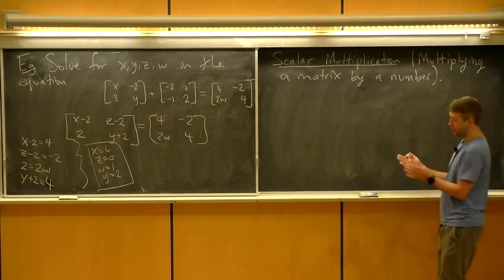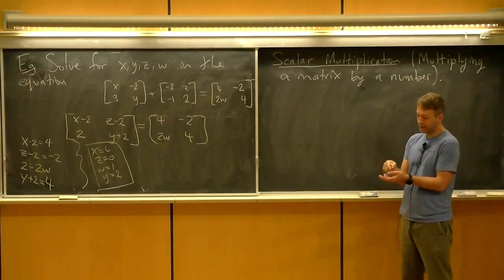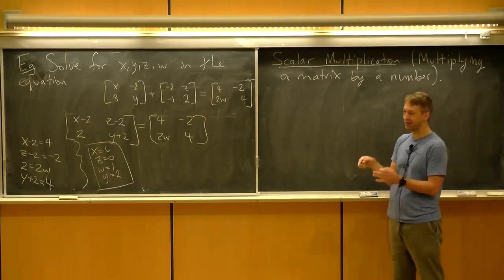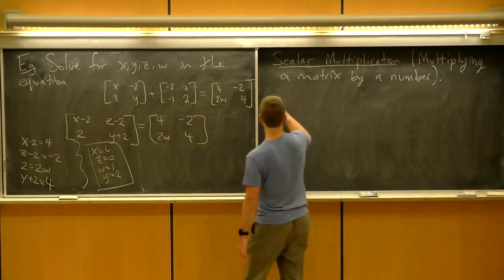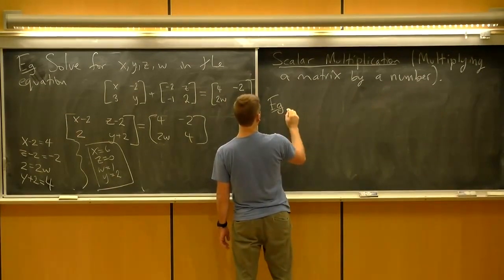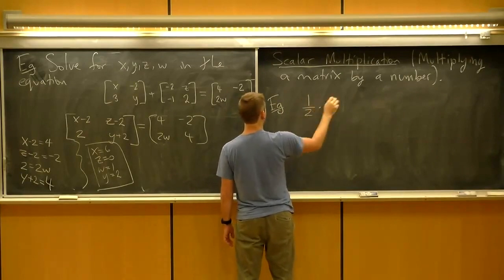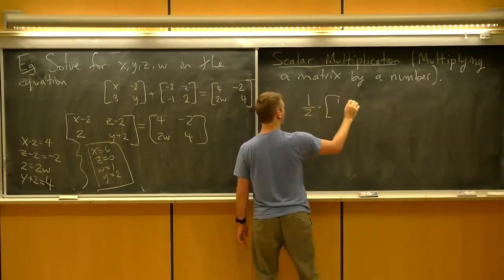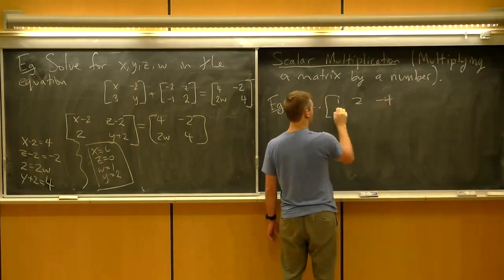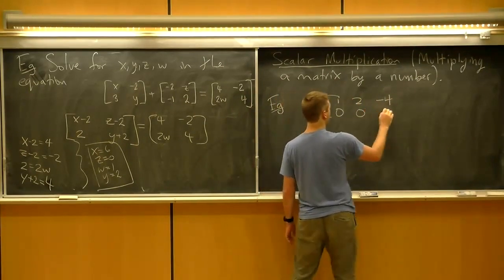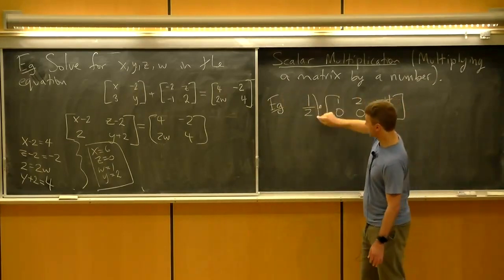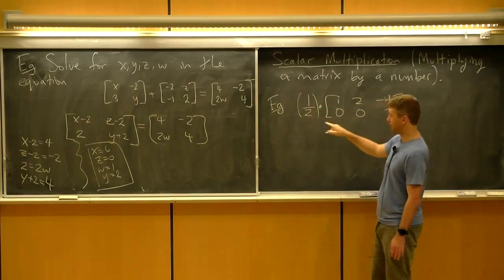If I multiply a matrix by a number, all you need to do is multiply all the entries in the matrix by that number. So if I take, let's say, a half times the matrix 1, 2, negative 4, 0, 0, 3, this is taking a number times a matrix.